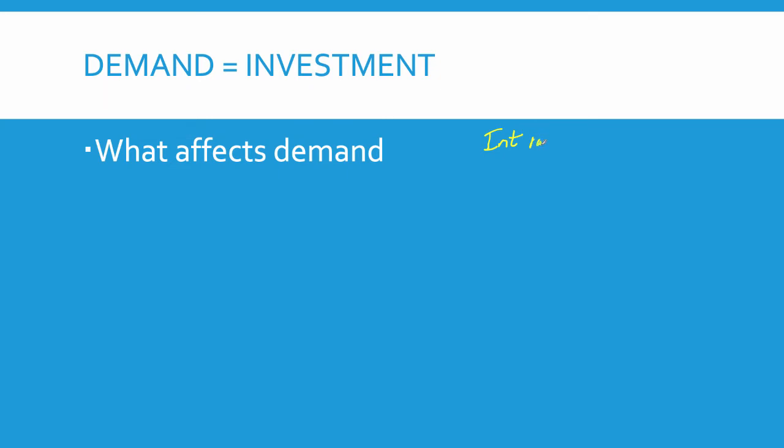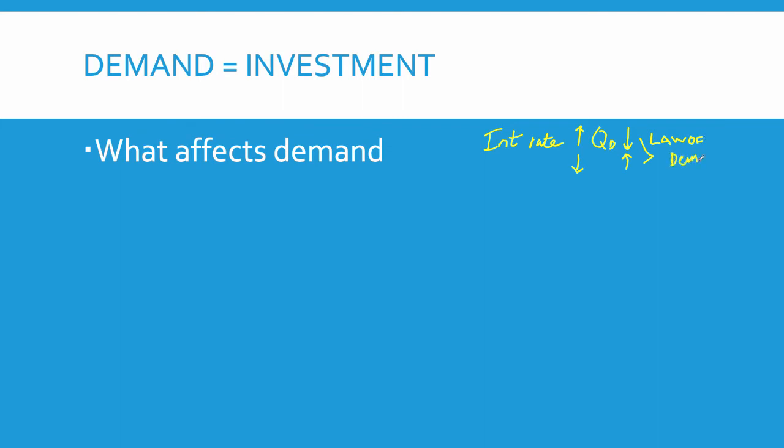The interest rate rises, then the demander says, oh, things are getting more expensive, and so the quantity demanded will go down. And if the interest rate goes down, then investors look at that and say, oh, borrowing money is cheaper. I want to do more of it. This is just, again, the law of demand, but now it's applied to the loanable funds market.